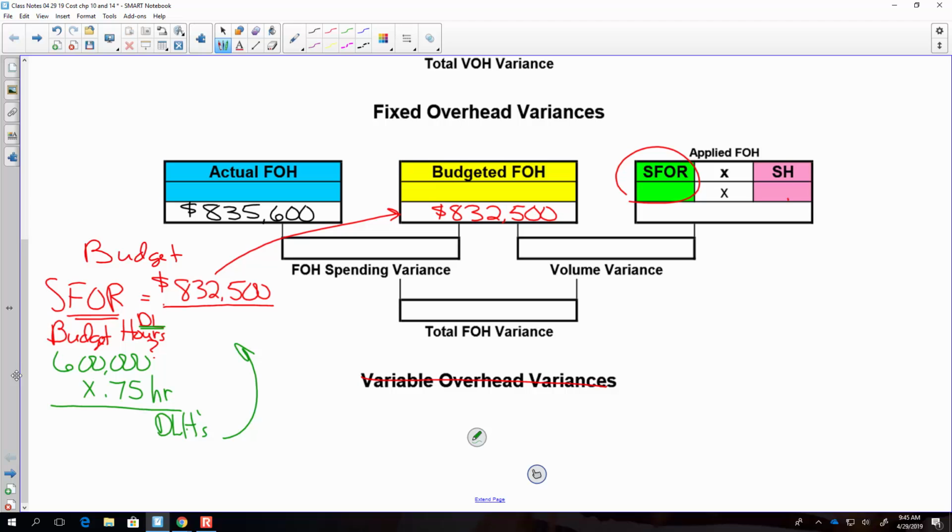So 3/4 of 600 is 450, right? So that's our bottom number here, 450. Budgeted direct labor hours. So what's my rate then? 1.85.